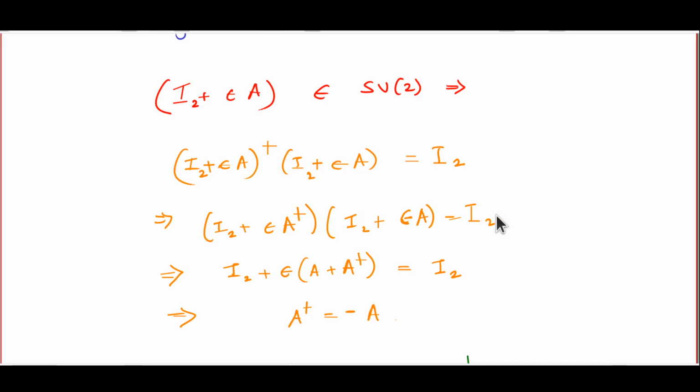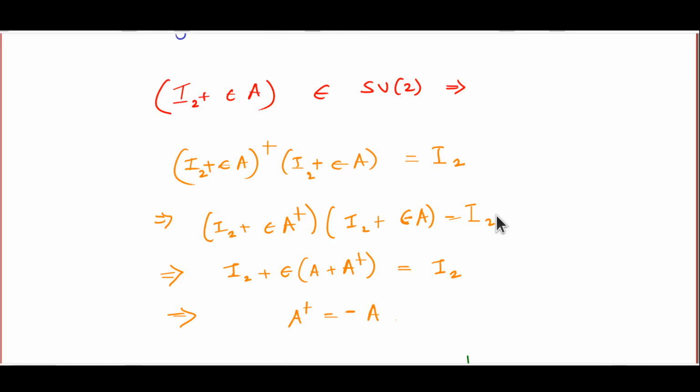And cancelling out the identity from both sides simply tells you that A dagger has to be equal to minus A. So A has to be a skew Hermitian matrix. Now, A being skew Hermitian is not enough to characterize all the elements which talk about deviations of the SU2 element from the identity. There is one additional constraint that you have to impose on this.